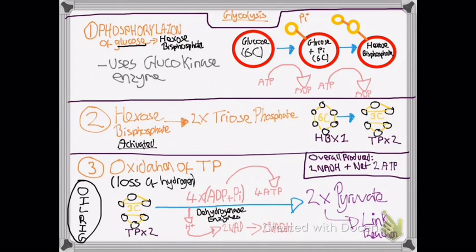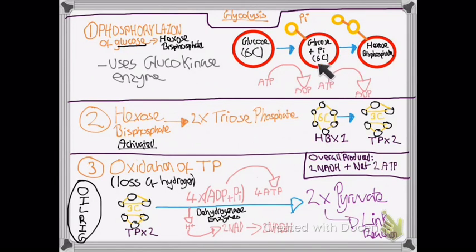Then how do we do that? So we start off with our glucose here, and then we use a hydrolysis reaction to break down ATP into ADP. This releases 1 phosphate, so triphosphate to diphosphate. 1 phosphate's released, and that's added onto the glucose to make glucose phosphate.